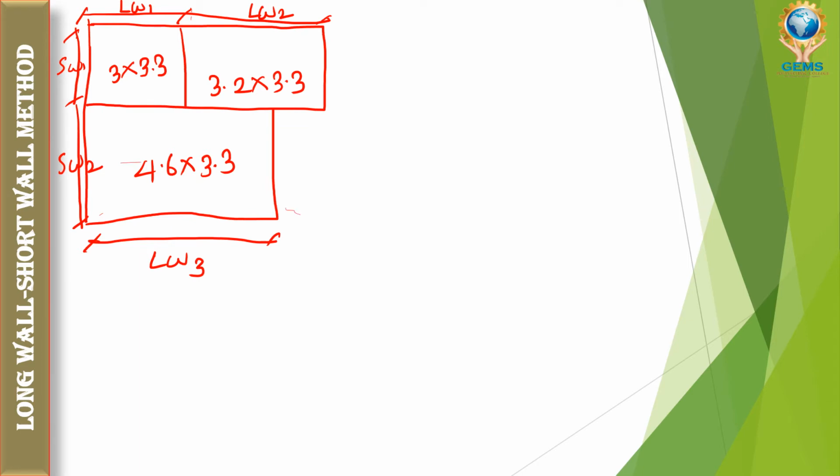How can we calculate the dimensions LW1, LW2? We just need to add the wall thickness. This is the breadth, so 3 plus 0.3, so LW1 is 3.3.